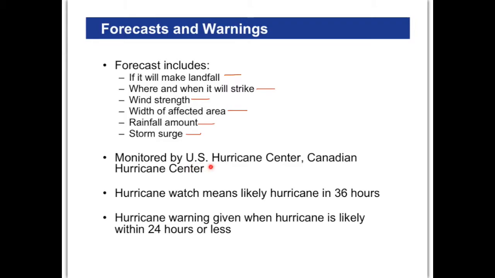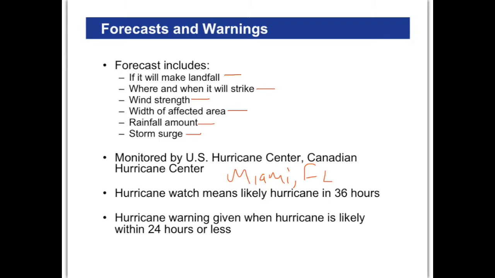There's a U.S. Hurricane Center based out of Miami, Florida. And I can't tell you where the Canadian Hurricane Center is, but I can tell you that there is one. Maybe the threat is a little bit less for them, but we work in concert with our Canadian friends to do forecasts that are actually accurate.